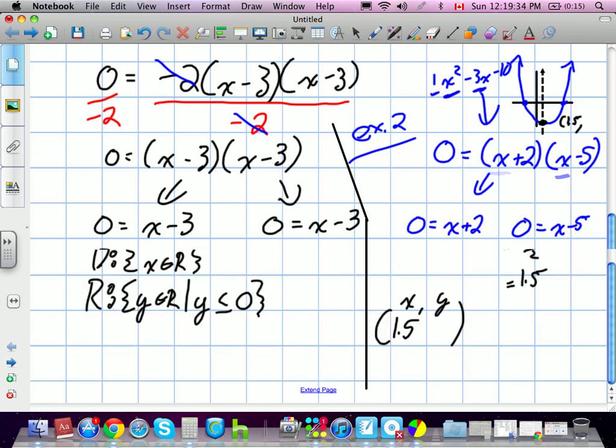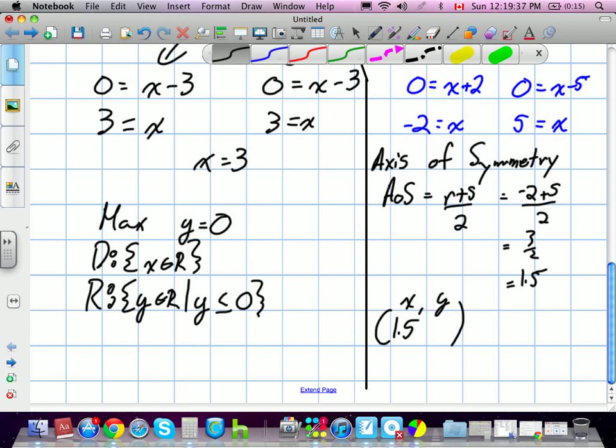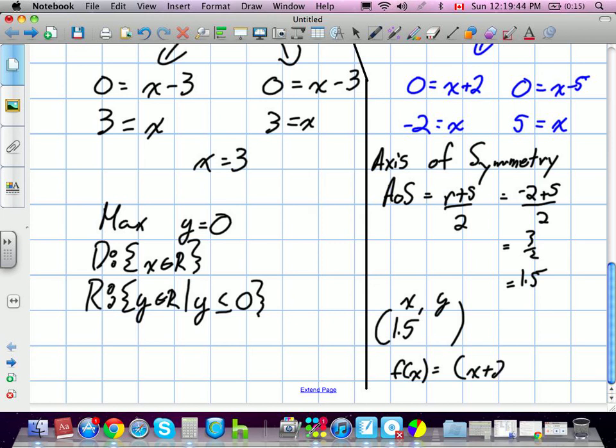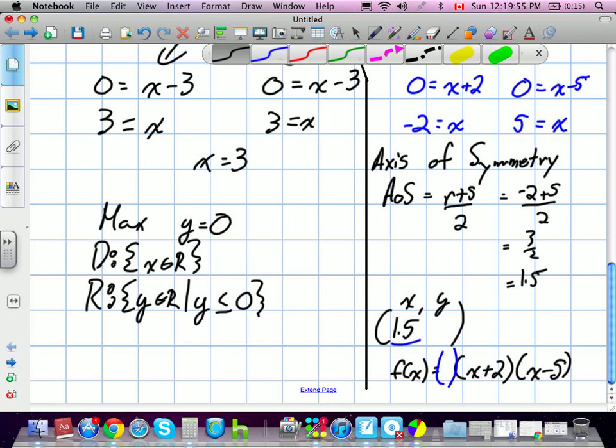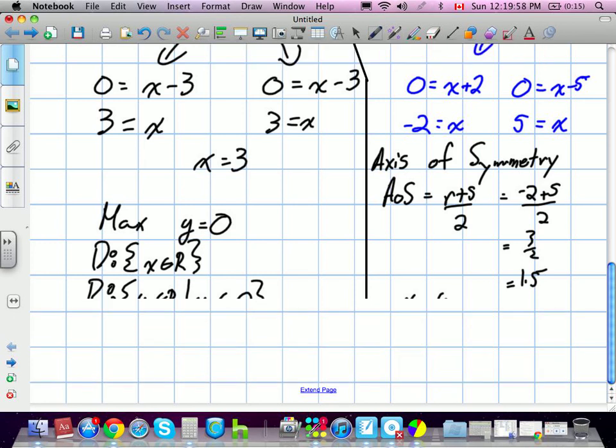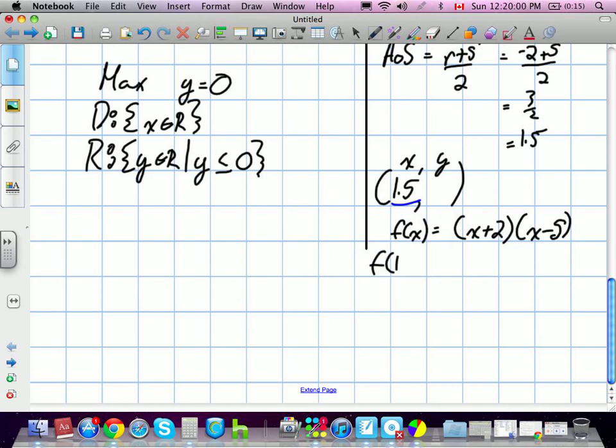So our factored form was f of x equals x plus 2 times x minus 5. Now if there was technically a common factor here, I would have had to put it in, but we didn't have one in this case. So our x value is 1.5, or 3 over 2, depending on whether you want to leave it as a fraction. So we plug it in. F of 1.5 is equal to 1.5 plus 2 times 1.5 minus 5.